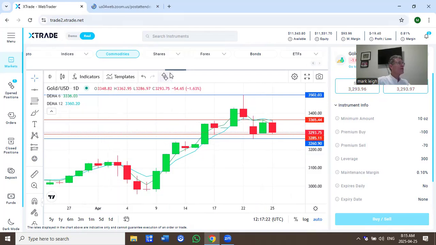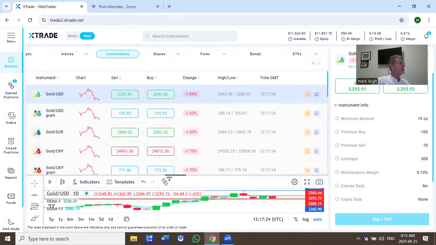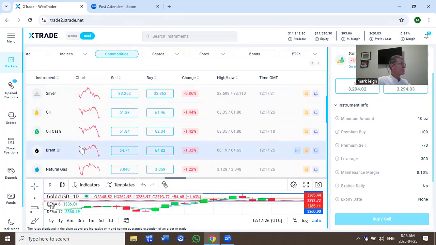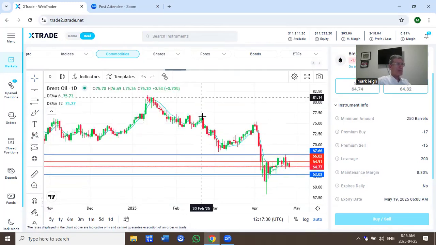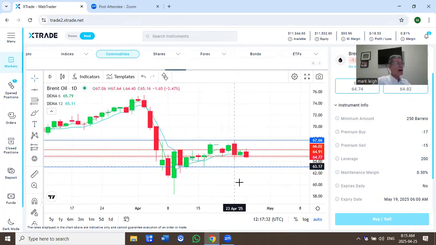Let's have a look at Brent oil. Yesterday tried higher, a little bit of a bounce yesterday, but the sell-off is continuing. It's already broken below yesterday's support at 64.92. Sellers will look to continue this move lower.